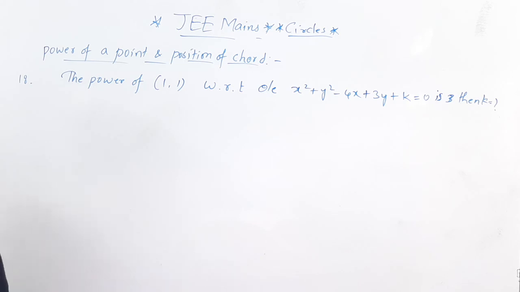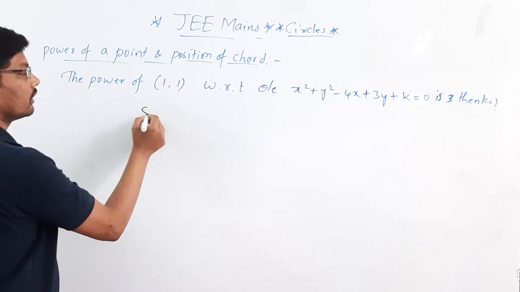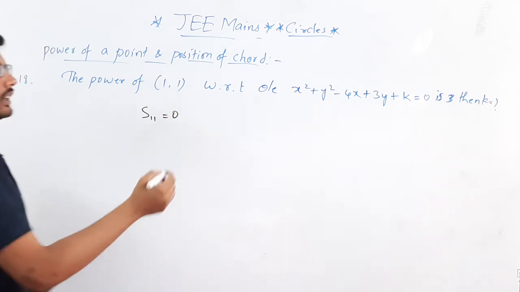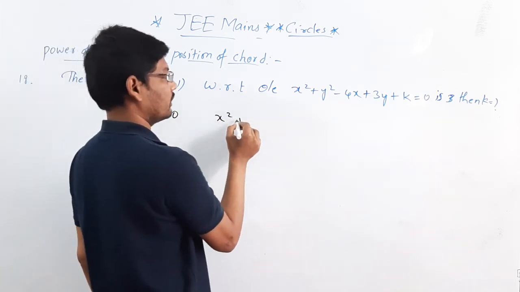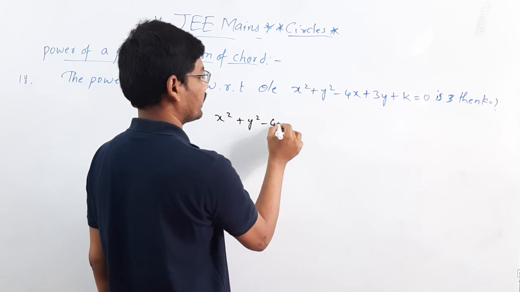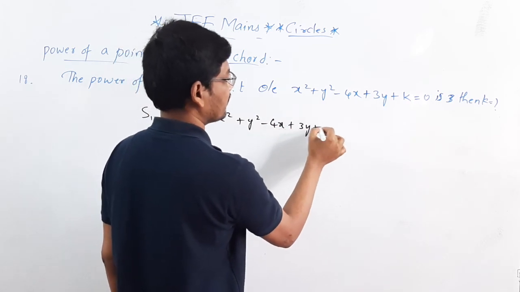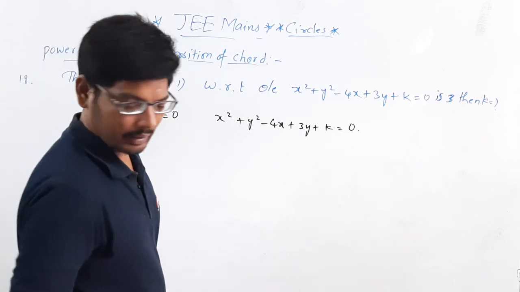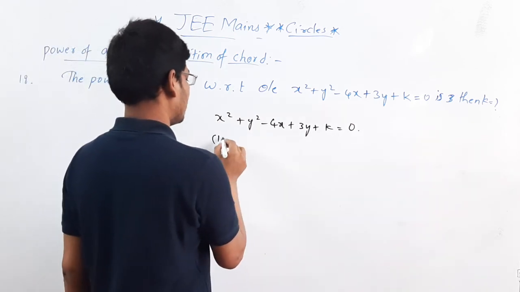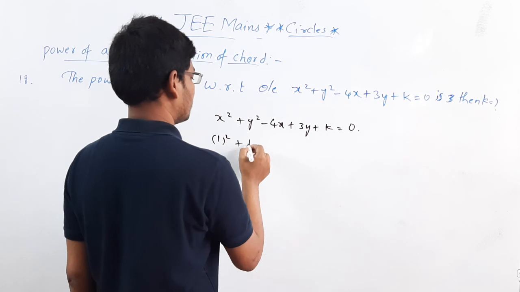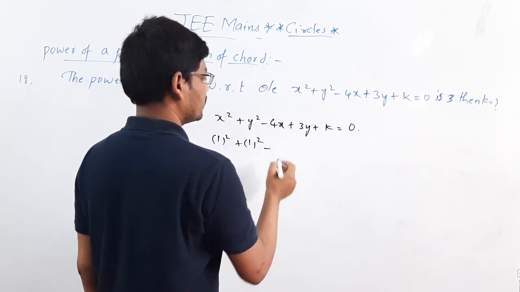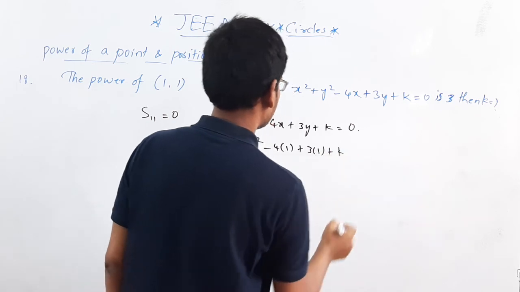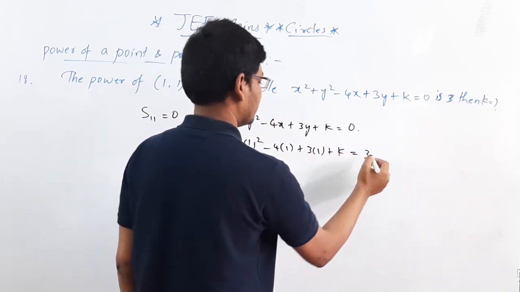And power of a circle is nothing but S1 is equal to 0. Here the given equation is x square plus y square minus 4x plus 3y plus k is equal to 0. Let's substitute (1, 1): 1 square plus 1 square minus 4 into 1 plus 3 into 1 plus k is equal to 3.